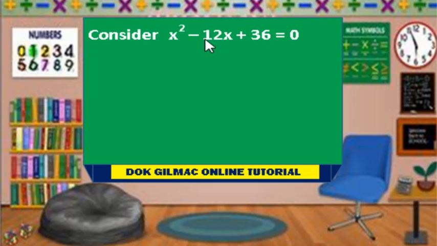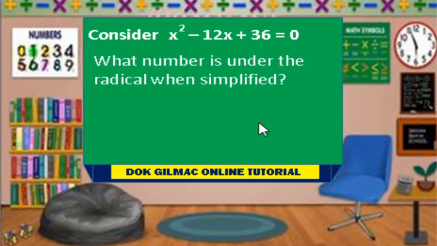Consider x squared minus 12x plus 36 is equal to 0. What number is under the radical when simplified? So we have b squared minus 4ac. So negative 12 squared is 144 minus 4 times 36 is 144. So the number that is under the radical is equal to 0.